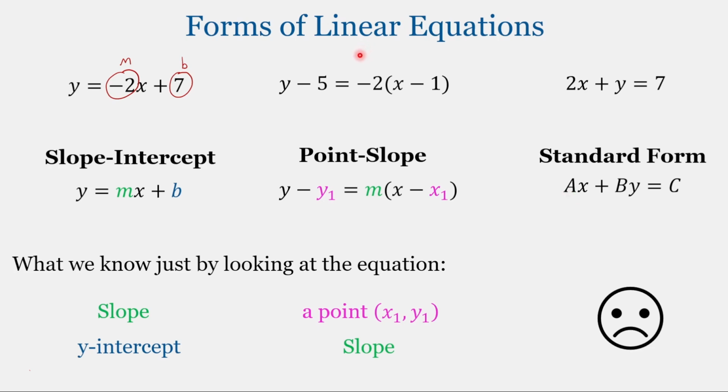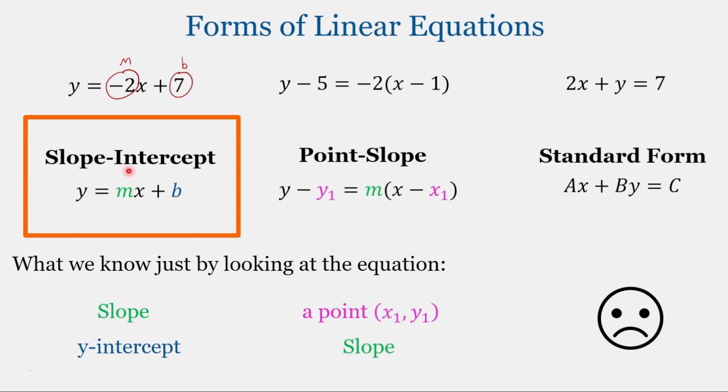Now, all three of these forms of linear equations can be useful, depending on what you're looking for or what you are trying to do. And we will talk about all three. But right now, we're going to focus on the slope-intercept form, y equal to mx plus b.